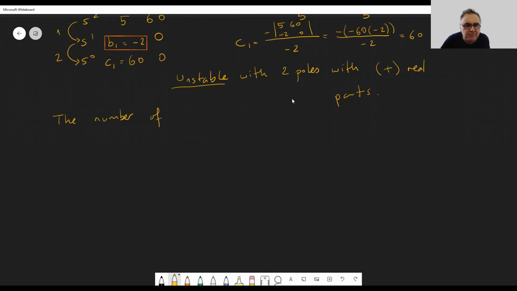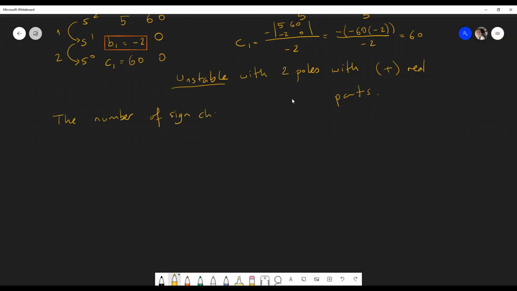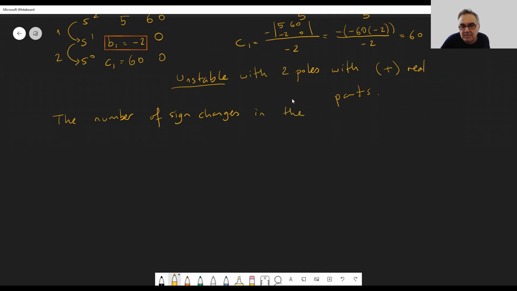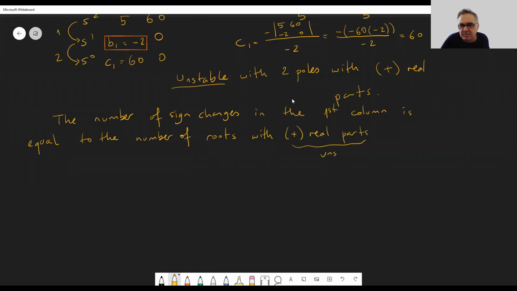Number of sign changes in the first column is equal to the number of poles with positive real parts, and positive real parts means unstable, okay?